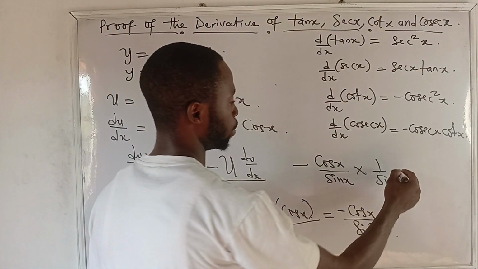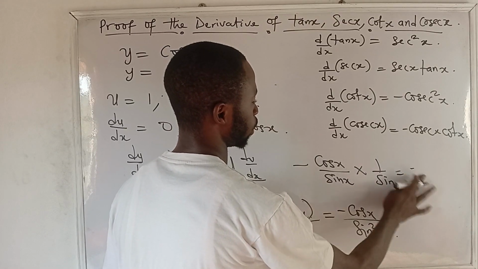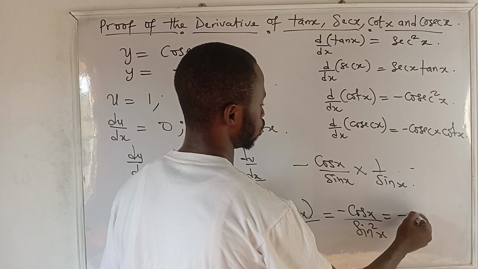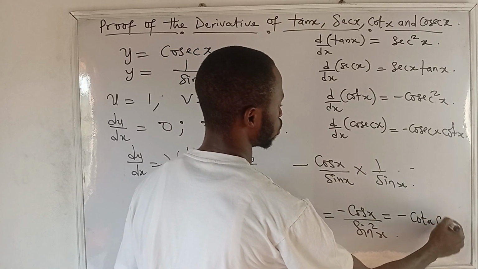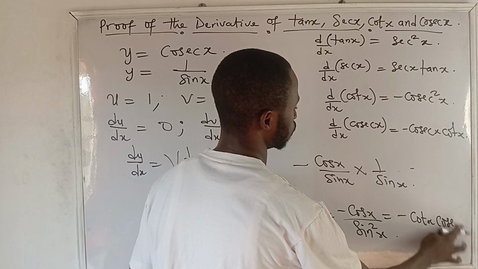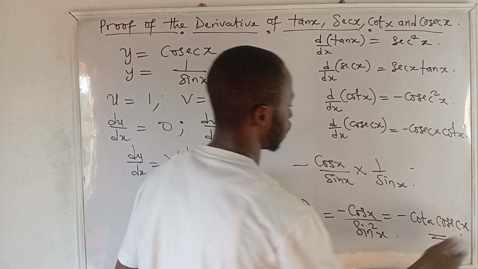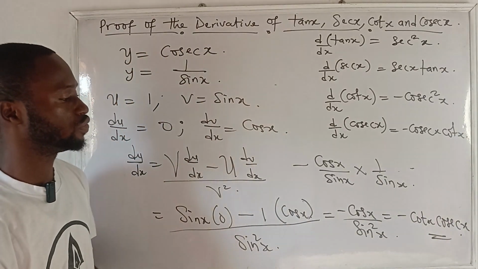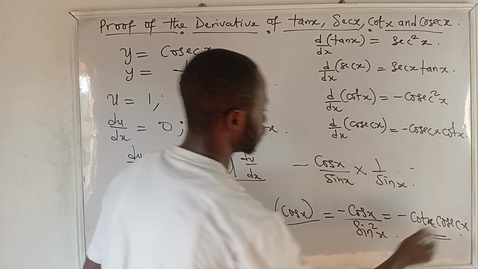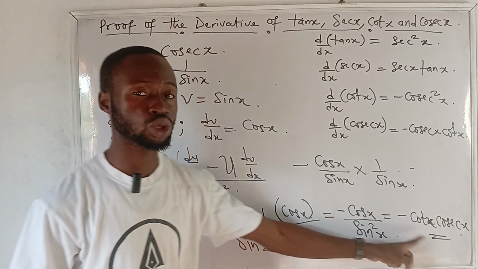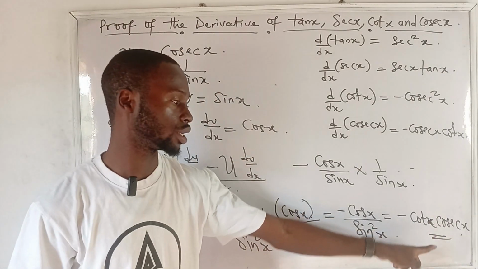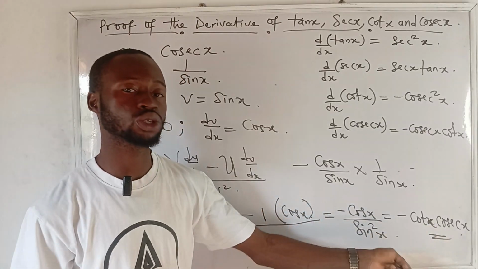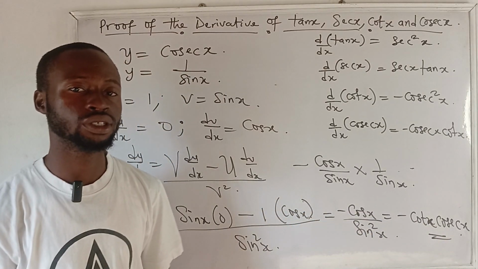So we are going to have minus cot x cosec x as our answer. So the derivative of cosec x is minus cot x cosec x. You can write it as minus cosec x cot x. It's still the same thing.